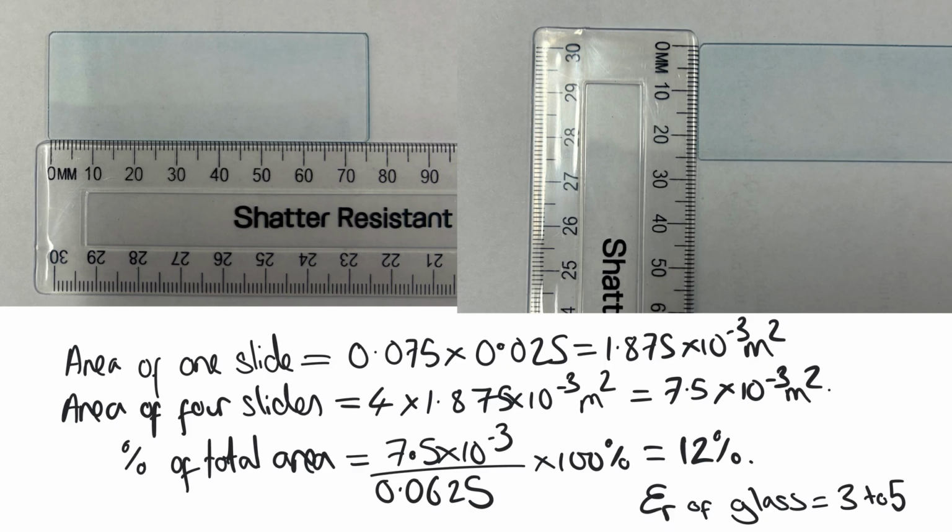And the relative permittivity of glass is between 3 and 5 typically. So that means that they will add a significant amount to the capacitance, somewhere between 24 and 48%. So that is enough to explain why we got larger capacitances than we predicted with the original calculation.